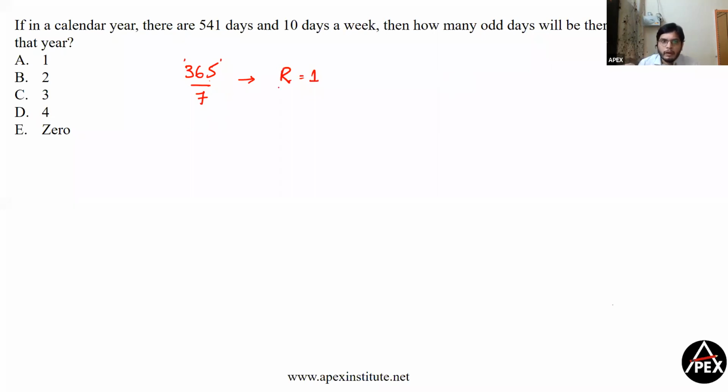Total days of a year divided by days in a week. So in some planet or in some country, they will be following this rule. A year for them will have 541 days and every week has 10 days. So what is the remainder? 1. So the answer for this question should also be 1.